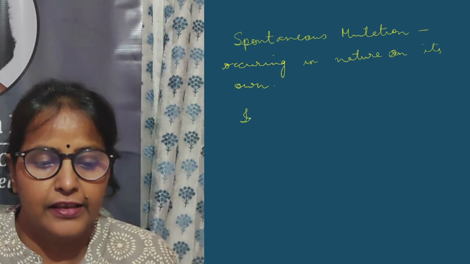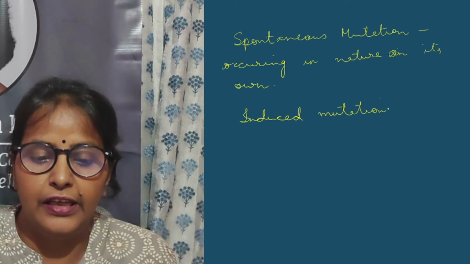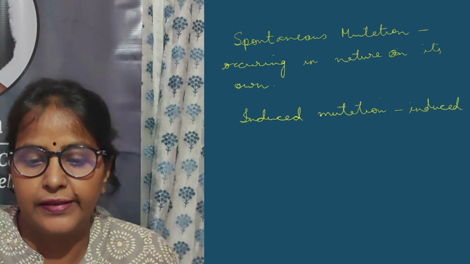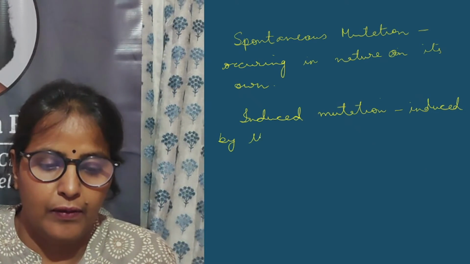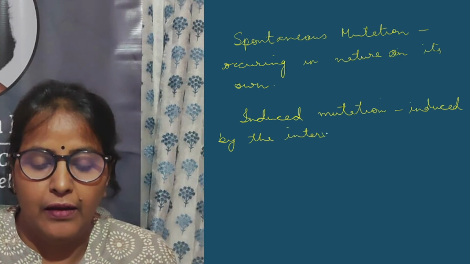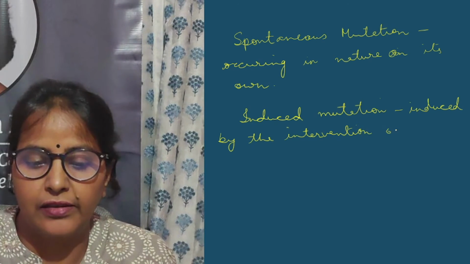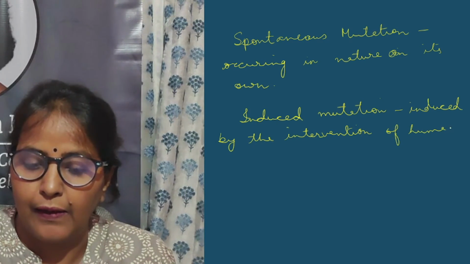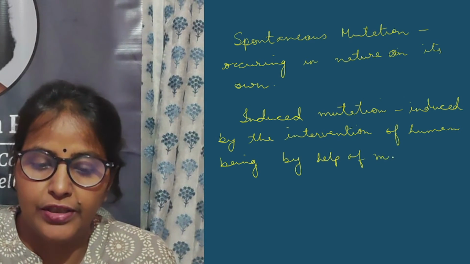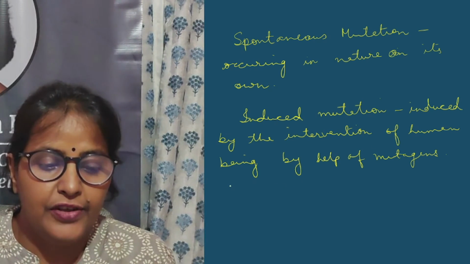And another is induced mutation, which is induced by the intervention of human beings. Human beings are involved here. Generally, this takes place in plants. How do they induce it? By the help of mutagens.